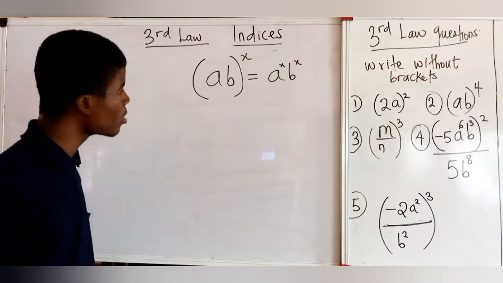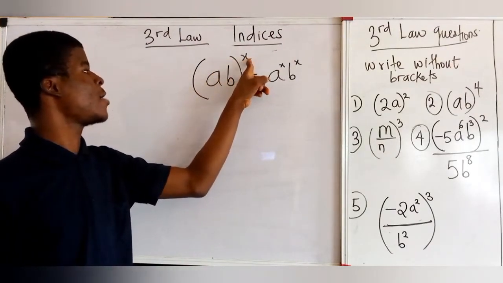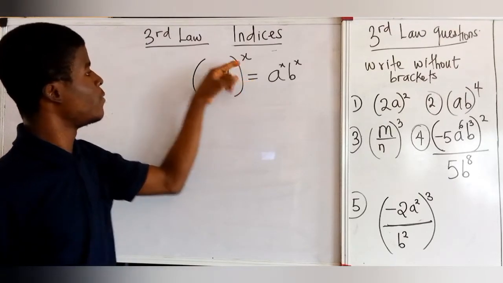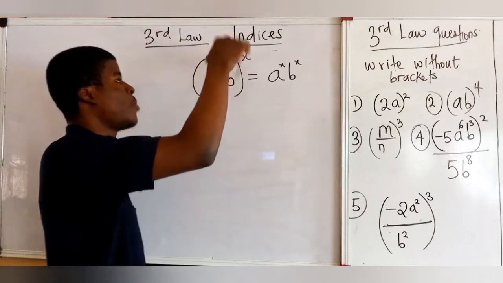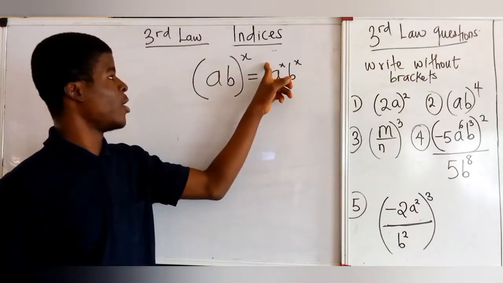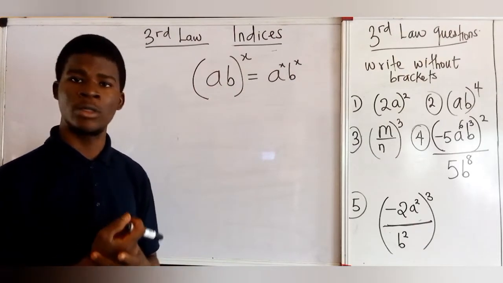That is, the power outside will be multiplied into the first term, same also with the second term, multiply the power that is outside. So a, b, all to the power of x is equal to a to the power of x multiplied by b to the power of x. This is what the law of indices says.